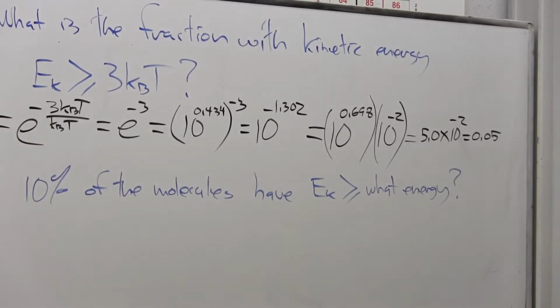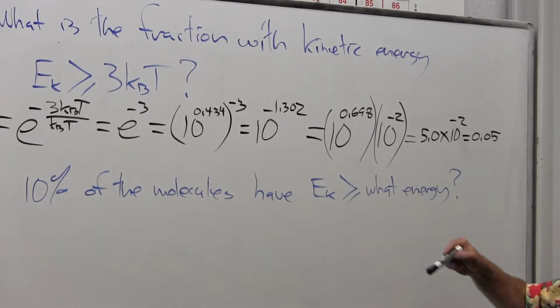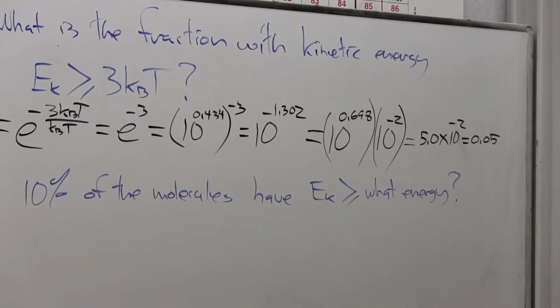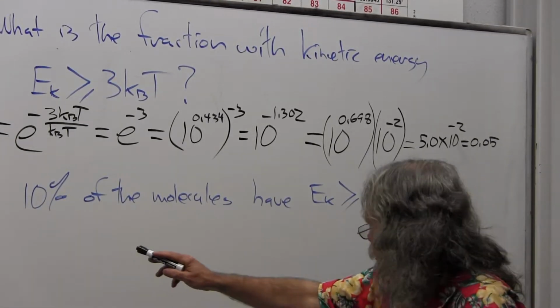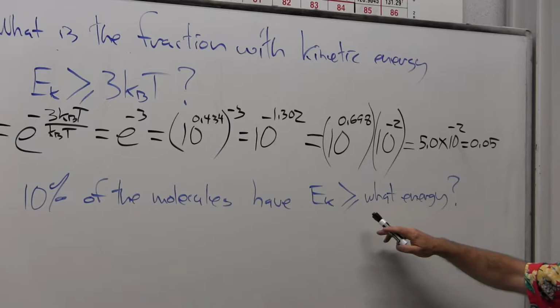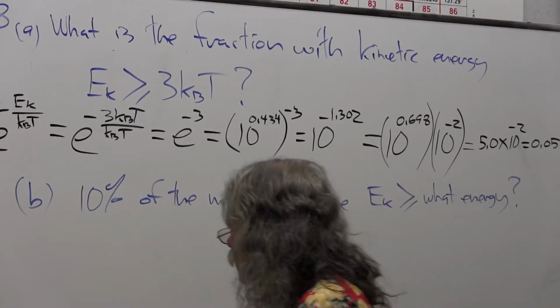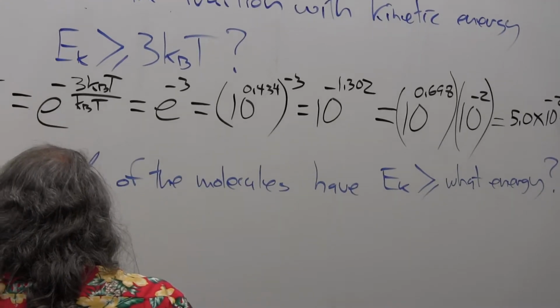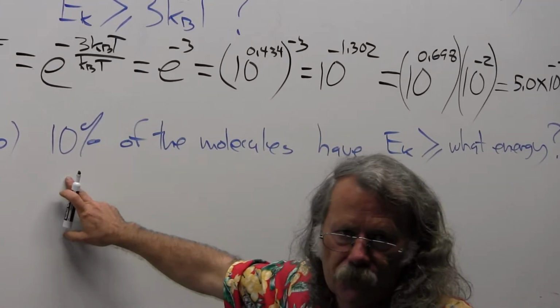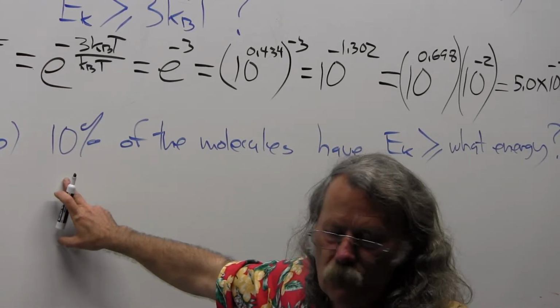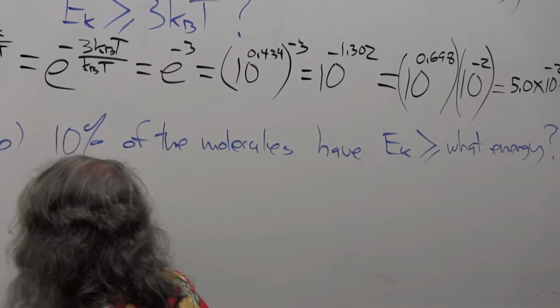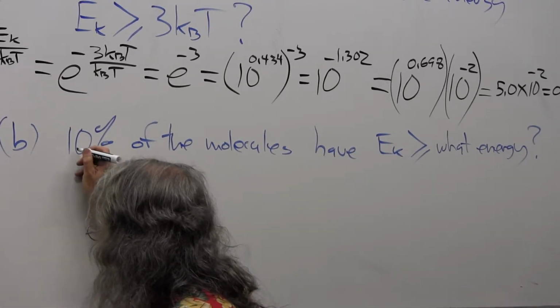Now, for another version of the same thing, we have part B. 10% of the molecules have E k greater than or equal to what energy? In this case, it's even simpler. 10% just needs to be converted to fractional form. So, 10%, I need to move the decimal point 2 to the left.